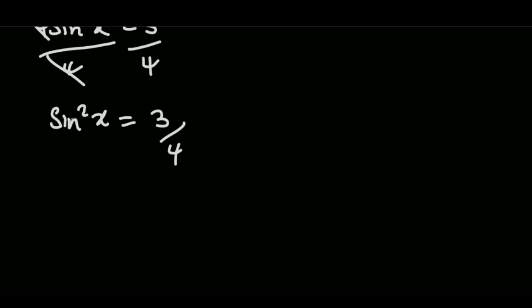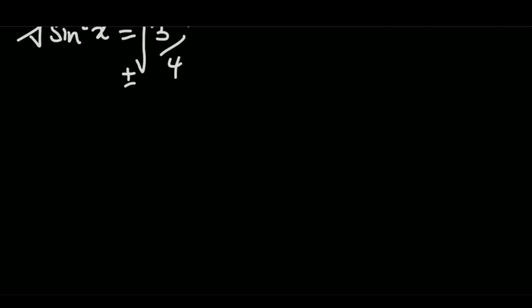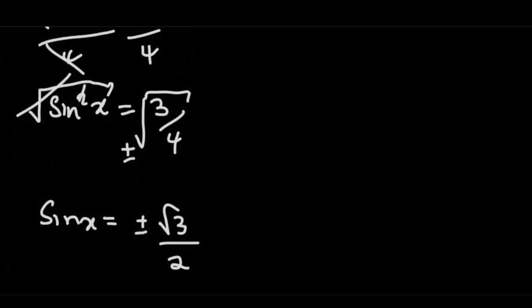Now to find sine, not sine squared, we simply square root both sides. The square goes, leaving us with sine x equals plus or minus root 3 over 2, as what we have here simplifies into that.